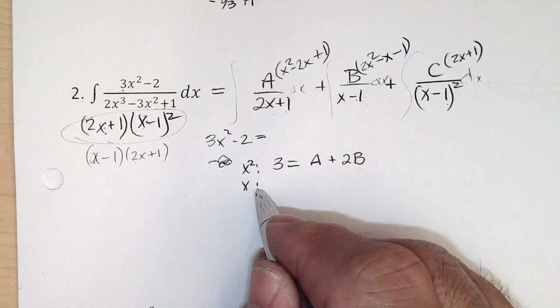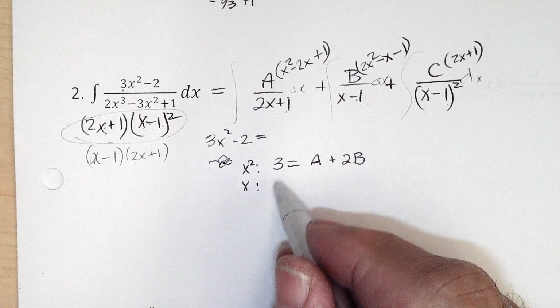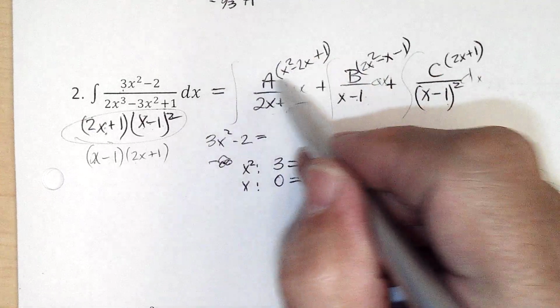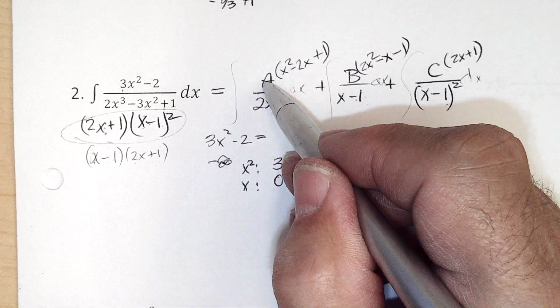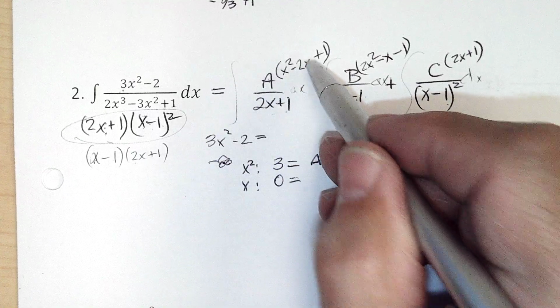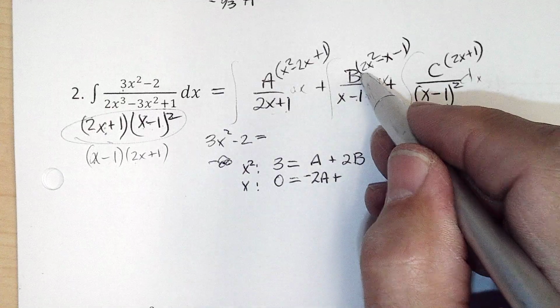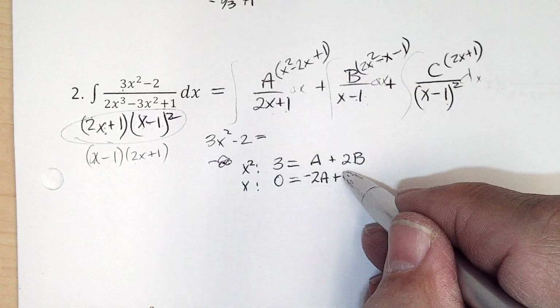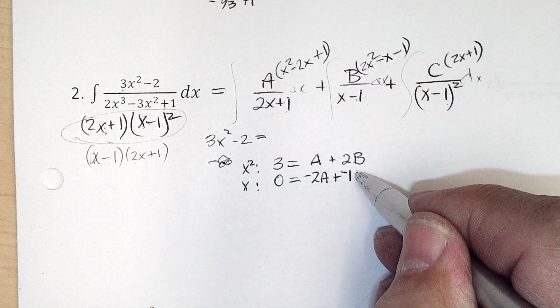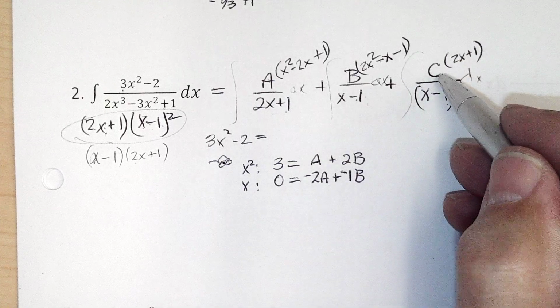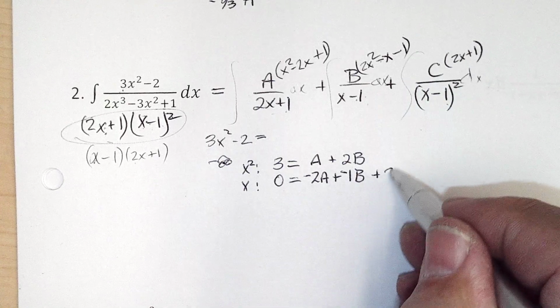I'm going to look at my x's, the next lower power. There's none here. So I have to have none here. So minus 2a x's plus minus b x's plus 2c.